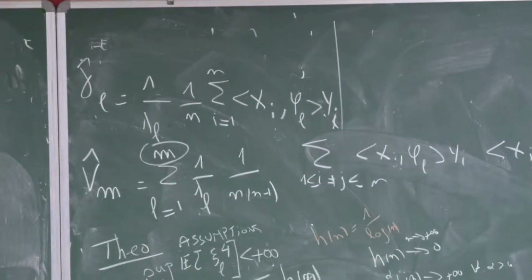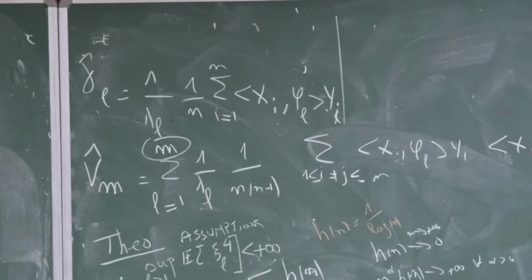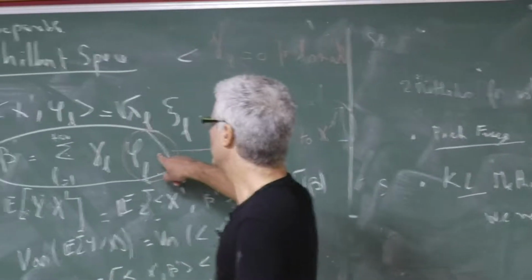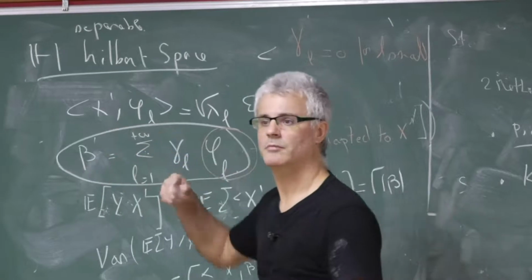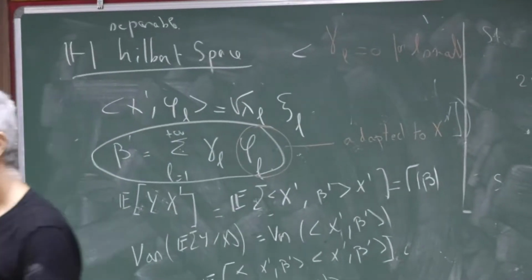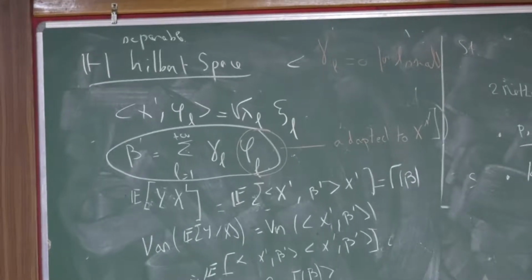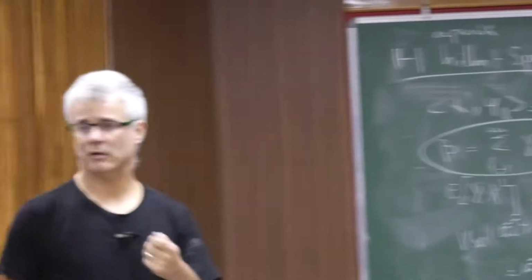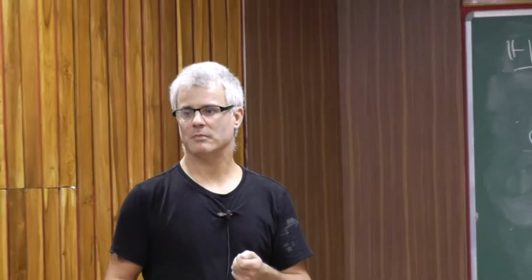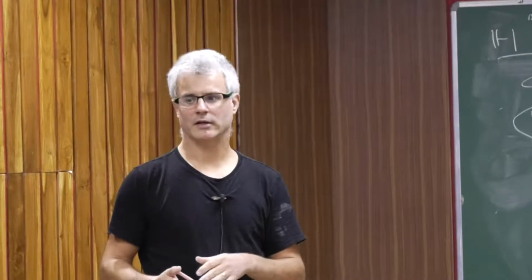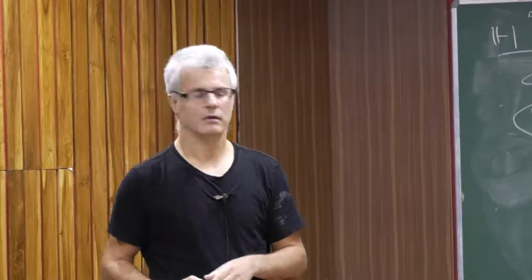In that case, this method is not good because I'm using a basis that is good for X, but maybe it's not good for the beta. So the point is that if the beta are nicely represented in my basis phi L, this method will be much better than the pick and freeze method. If not, it will be catastrophic.